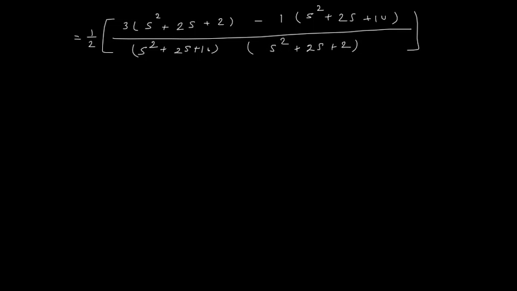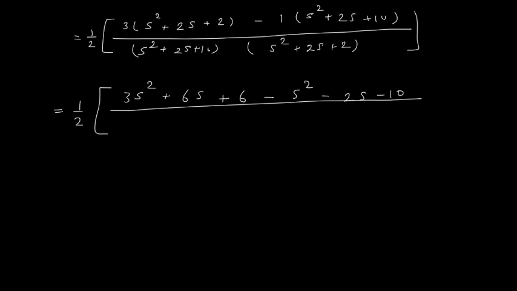So this is equal to 1 upon 2. Now in the numerator it is 3s square plus 6s plus 6 minus (s square plus 2s plus 10), divided by the denominator s square plus 2s plus 10 in one bracket and s square plus 2s plus 2 in the other bracket.